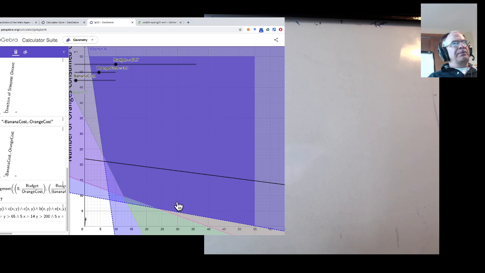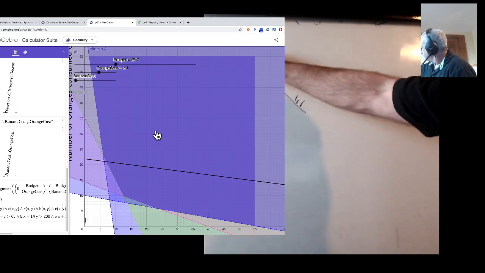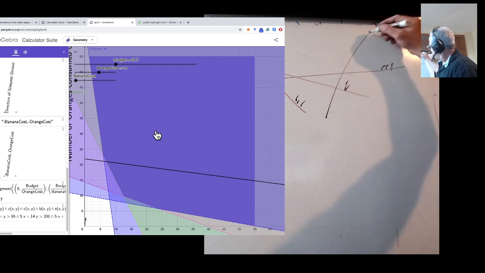This must be a polygon, even a convex polygon, where every point corresponds to a diet that satisfies all these constraints. It is a region that looks like one half plane, another half plane, another half plane, another half plane.